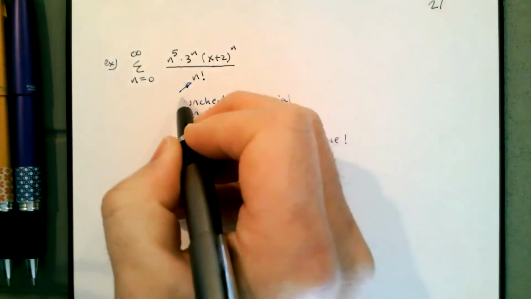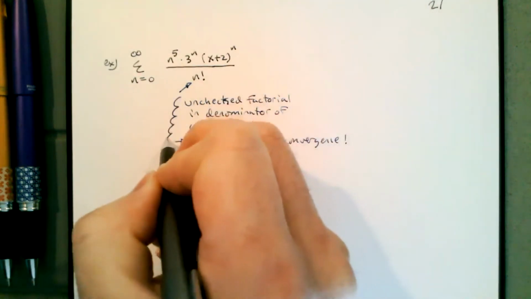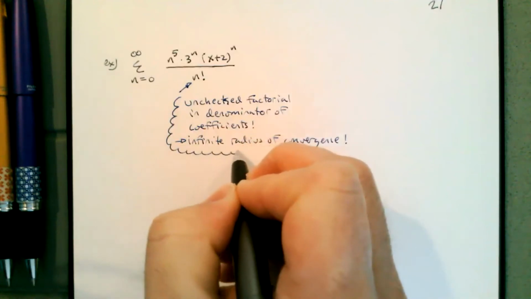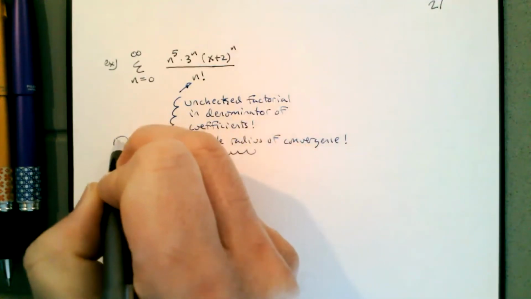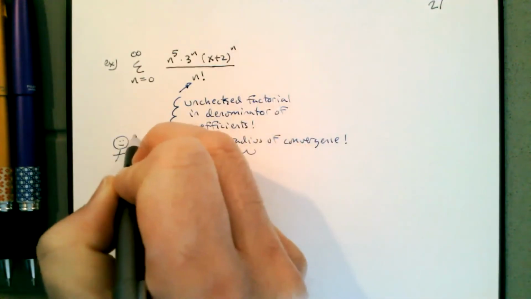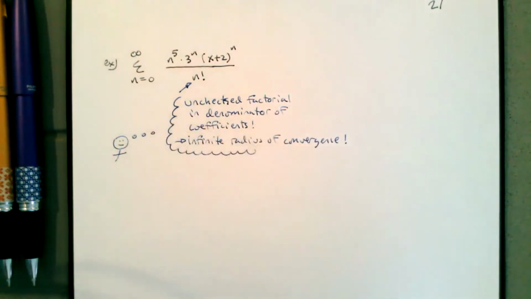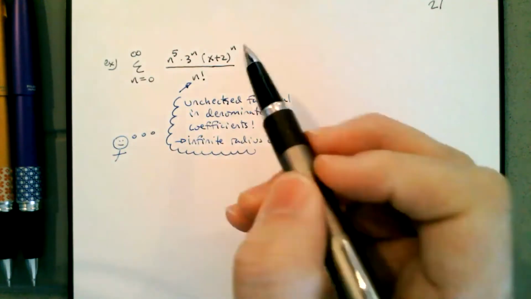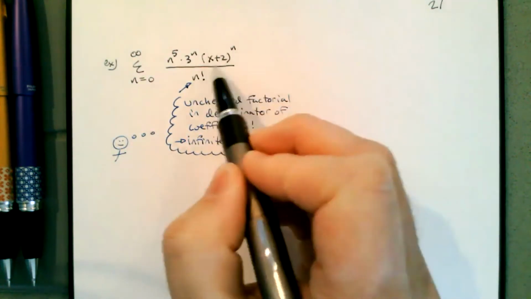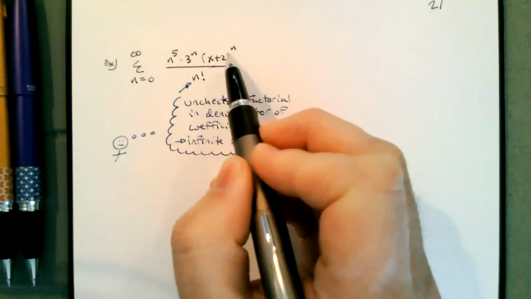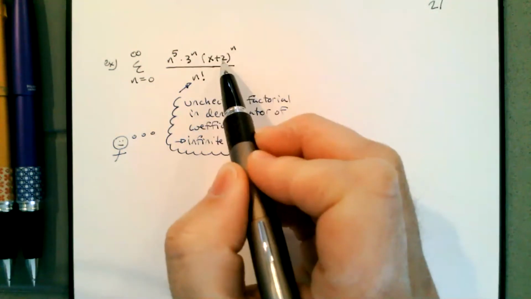So this is just the thought process based on what we see. This factor, this x plus 2 to the n, tells us the center is at -2.